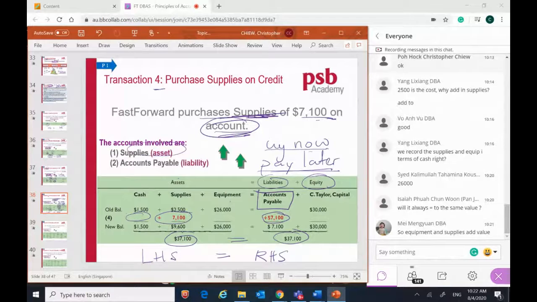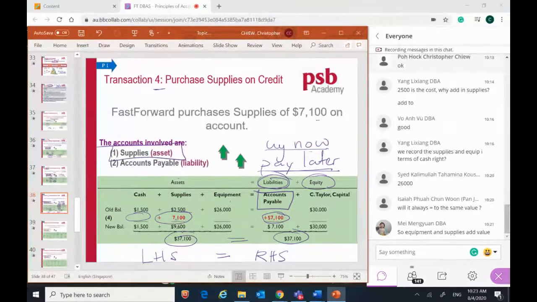Okay. Now, it can never be one-sided. You can never buy supplies, asset goes up, and then you don't pay and nothing happen. It cannot work like this. Because when you buy and you don't pay, there must be a liability. You must have owed somebody money.